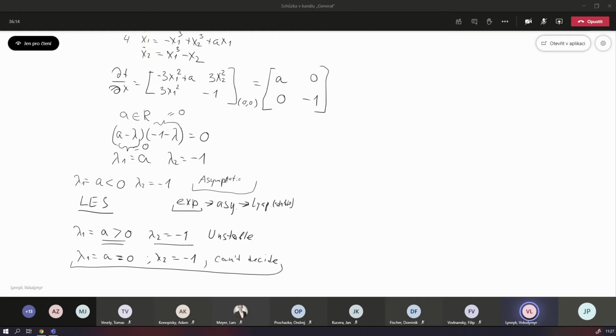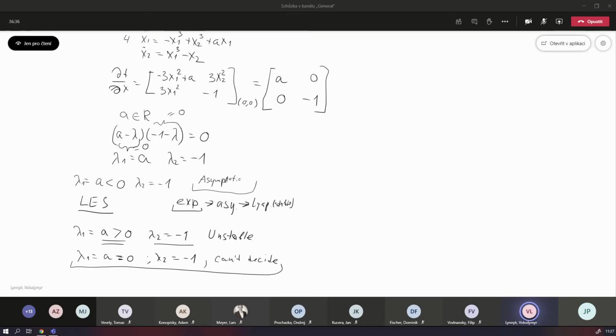Yeah, and I penalize with 5% for this exercise when someone does not explain when a equal to 0 if it's stable or unstable.